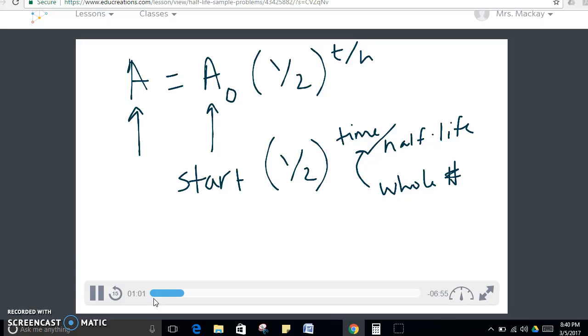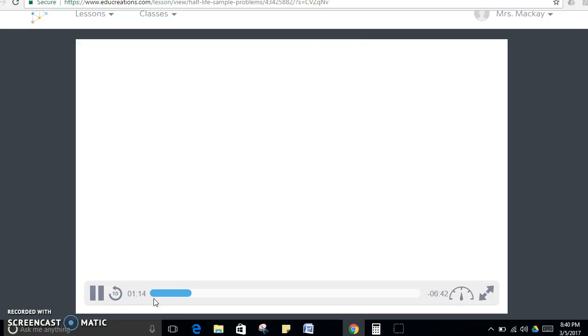So the sample problem that's in your notes, I worked through with you during the screencast. Problem number 1, I'm going to work through this just so you can see where these numbers came from. So it says the half-life of zinc-71 is 2.4 minutes.